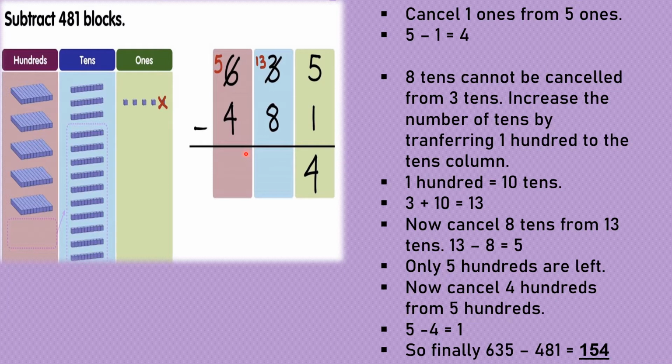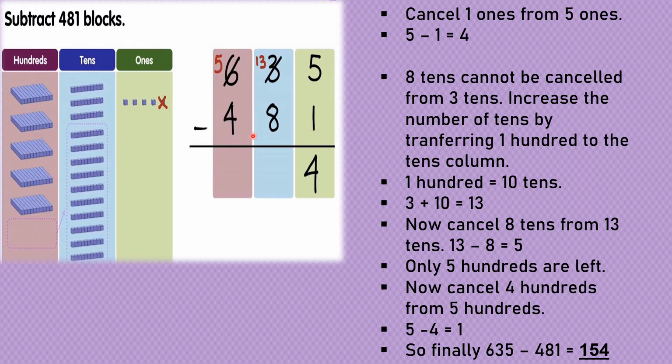Now let's see how many hundreds are there. Initially we had 600s, right? 1, 2, 3, 4, 5, 6 from 635. Now what did I do? I transferred 100 to the tens column, right? So how many were remaining? 1, 2, 3, 4, 5. Now from these 500s I need to cancel 400s, right?